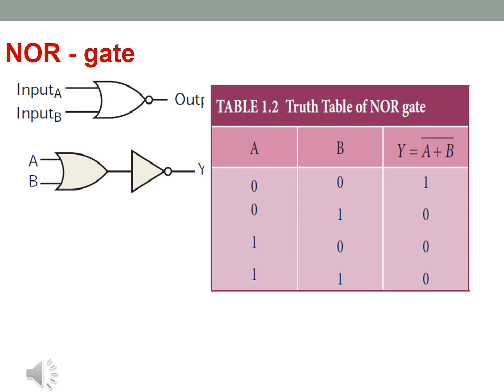See, the truth table is easy. You have to take Y equal to A bar dot B plus A dot B bar. This can often be shortened using the OR gate: Y equal to A plus B.